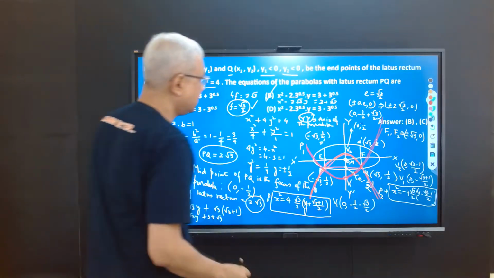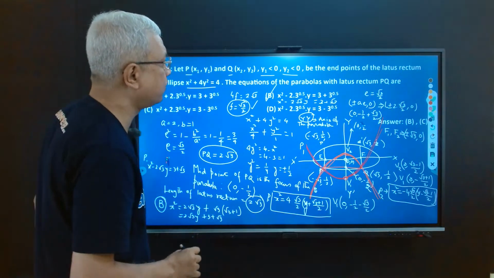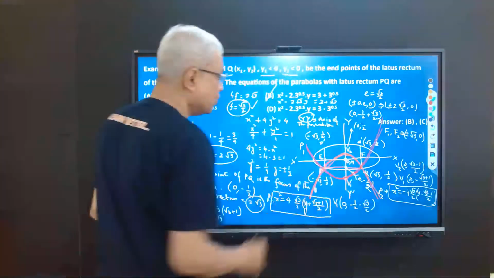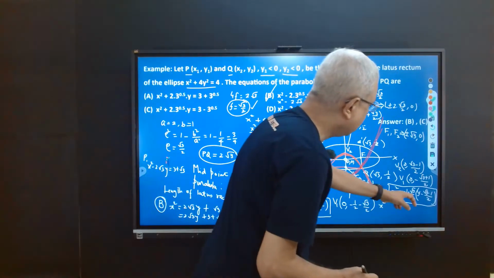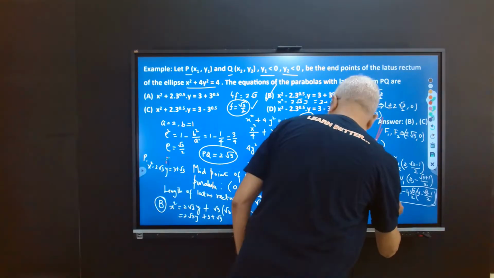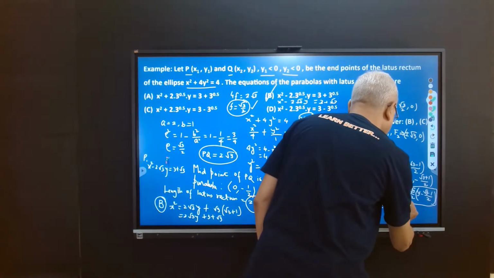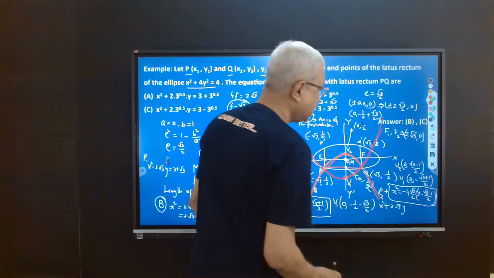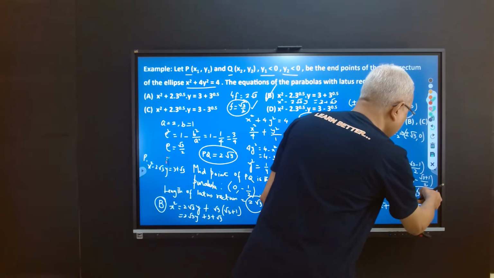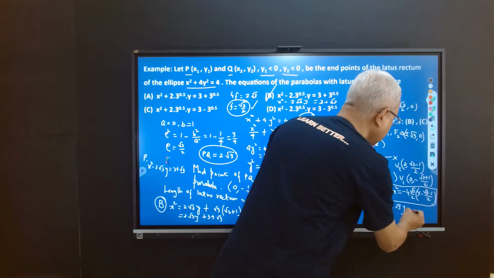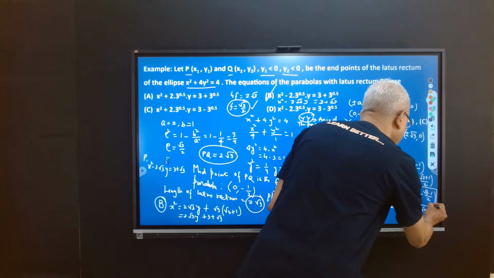So B is the correct answer. B is the equation for P1. And P2 is how much? If you write P2, it is x square plus 2 root 3 y equal to 2 root 3 into root 3 into (root 3 minus 1) by 2 with a negative sign. So it becomes root 3 times (root 3 minus 1).